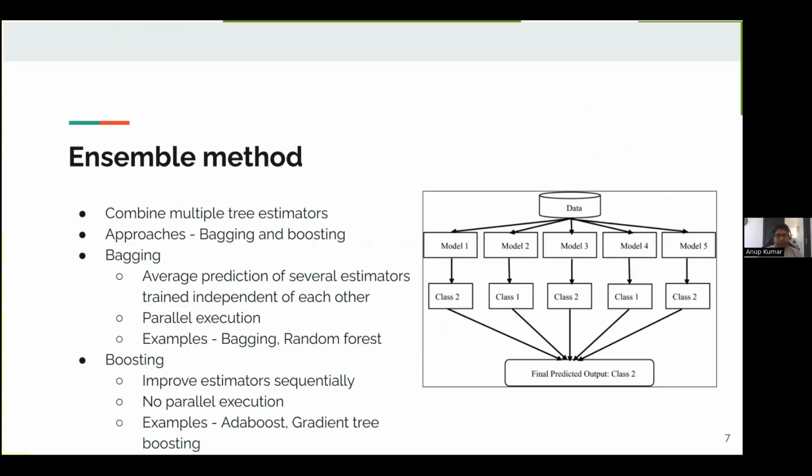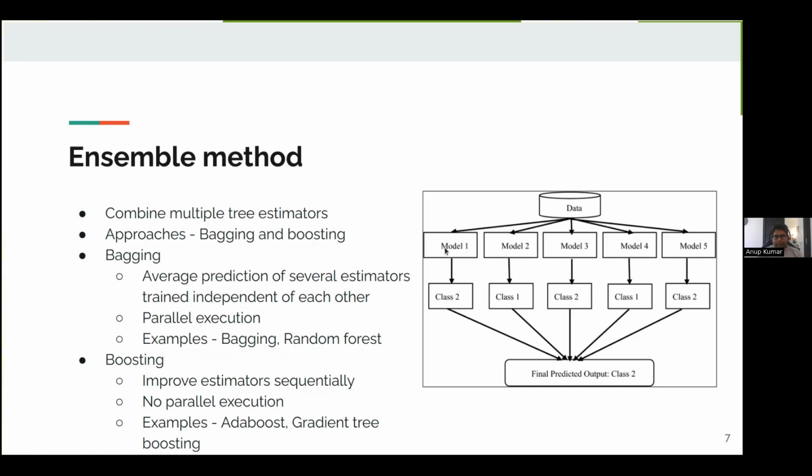There are two approaches to an ensemble method, bagging and boosting. In the bagging approach, the average prediction of several estimators is taken. These estimators are trained in parallel, so they are independent from one another, and each makes a prediction, and then a final class is taken from each estimator's performance.